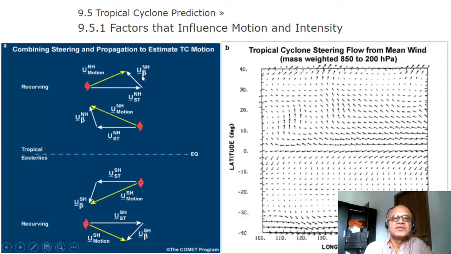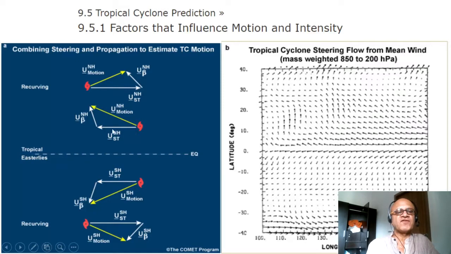So steering winds obviously have to be captured by the cyclone prediction model. So here it is combining steering and propagation to estimate TC motion. So you have recurving in the southern and northern hemisphere. Here is the equator with tropical easterlies on both sides, the trade winds.